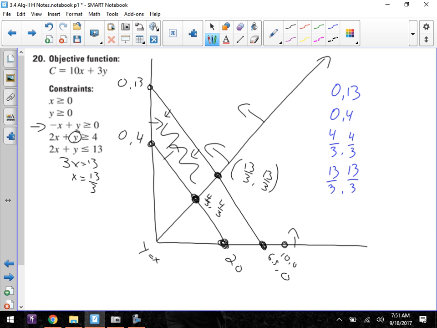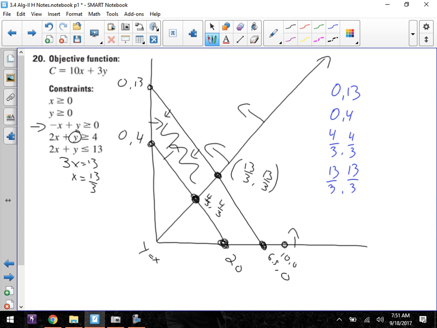And I just check all 4 of those. I'm going to guess you get the minimum at (4/3, 4/3), and then the maximum is probably at 13/3. Just guessing.